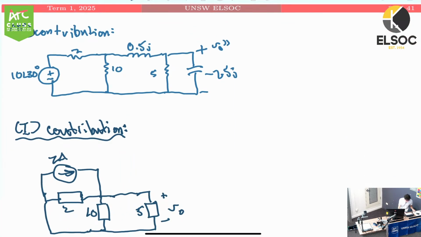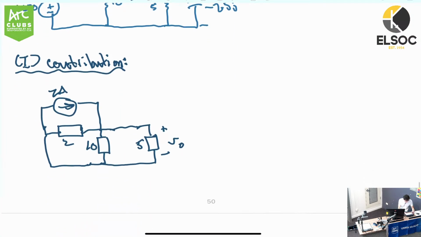All right, so what can we do? We know that these, actually all three of these, are in parallel. The method I'll be using is current divider. So in order to do that, I'll just simplify these two. I can simplify this to a simpler circuit.